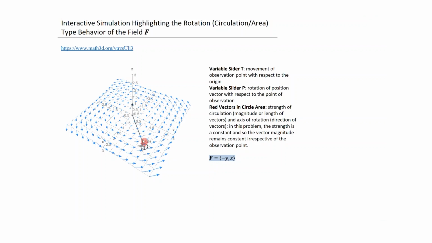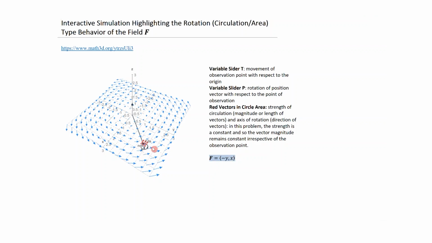And the red vectors, which are pointing upwards here, represent the strength of the circulation, which is the magnitude or the length of these red vectors, and the axis of rotation, which is the direction of the vectors. In this problem, the strength is a constant, which means the magnitude of these vectors is independent of where you may position this little circle on the xy plane. So this is again peculiar to the fact that it's a linear field.